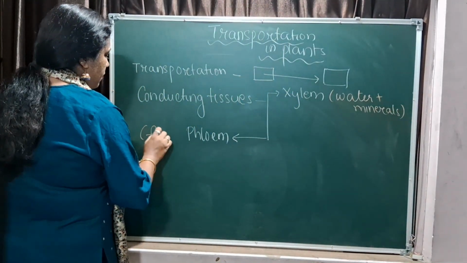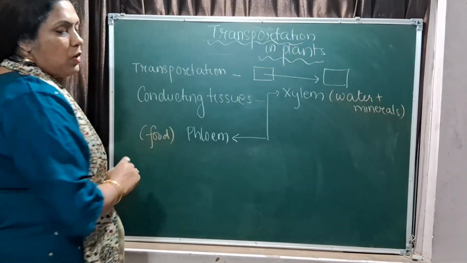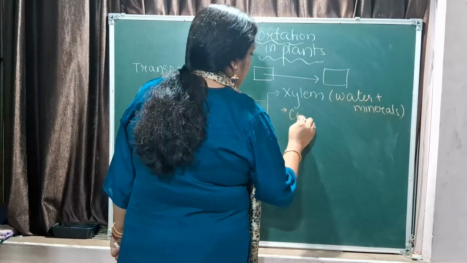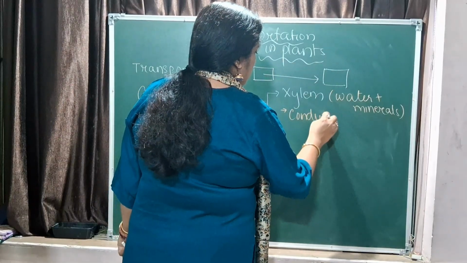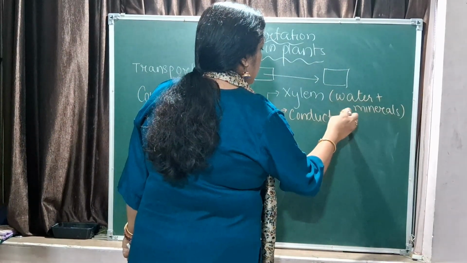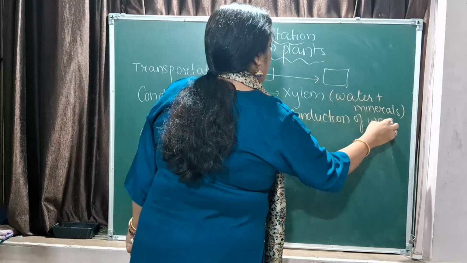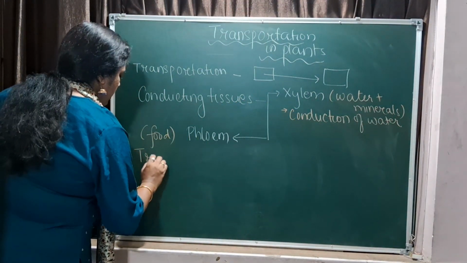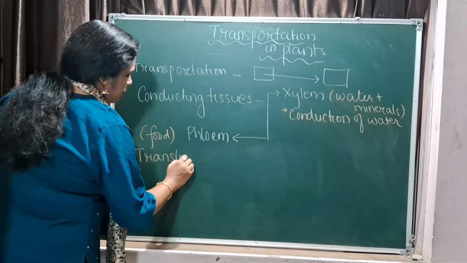For phloem, for food. Okay. Now, what does xylem do? Xylem helps in conduction of water. Conduction of water. And what phloem does? Translocation of food.